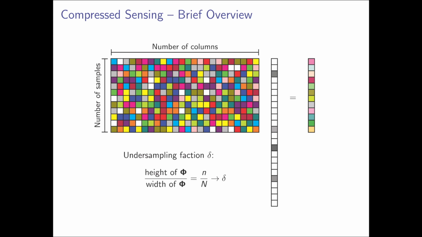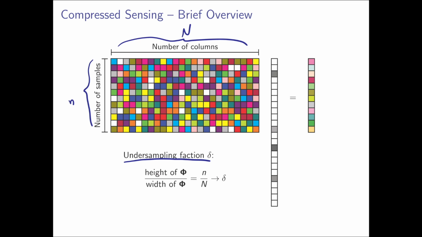The first one is the undersampling fraction, which we denote by δ. It is equal to the number of rows in sensing matrix Φ divided by the number of columns. Here we use lowercase n to denote the number of samples, and we use capital N to represent the number of columns.